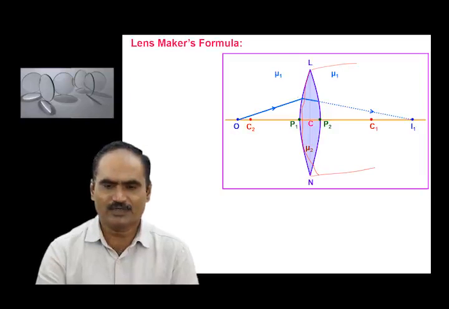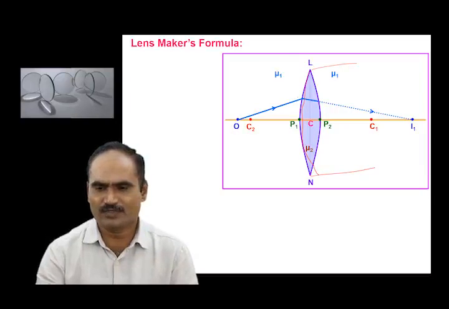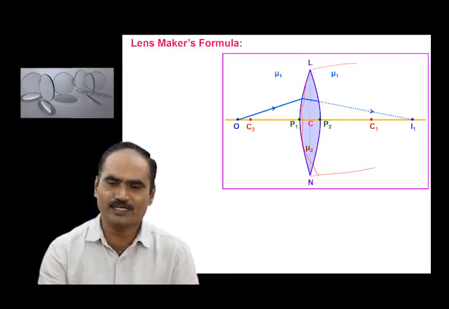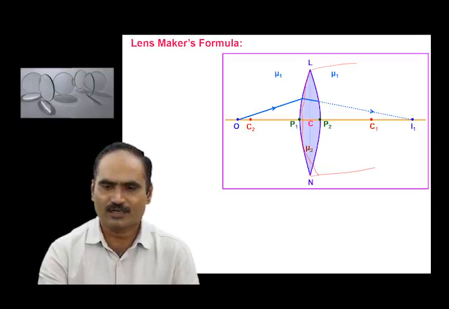If the image forms here, forget the other surface, LP2N. Now this I1 is considered as a virtual object for the other surface, LP2N. For the time being, forget the other one, LP1N.